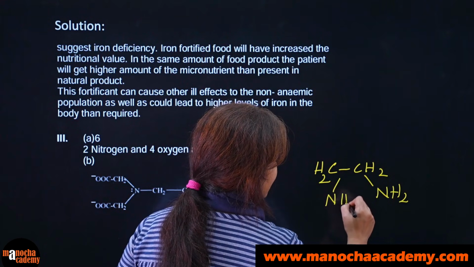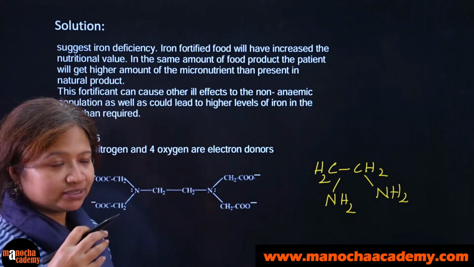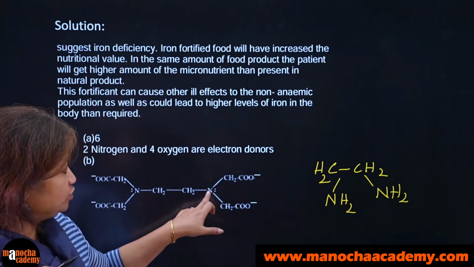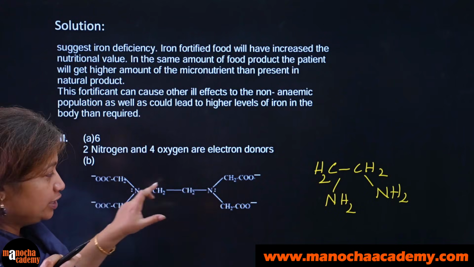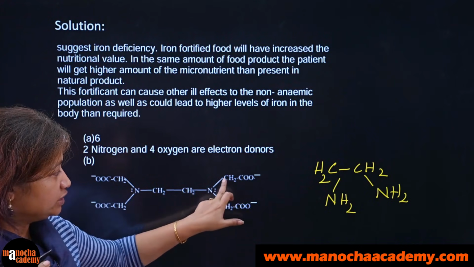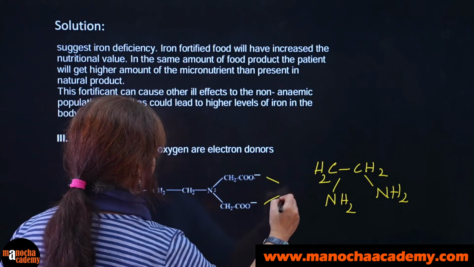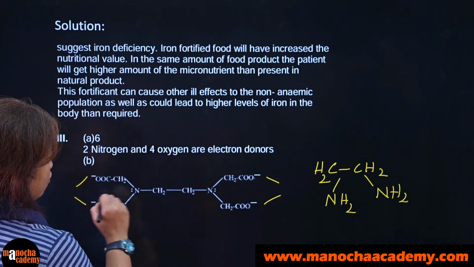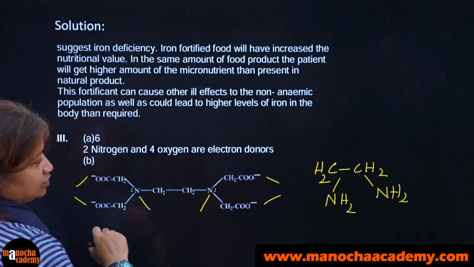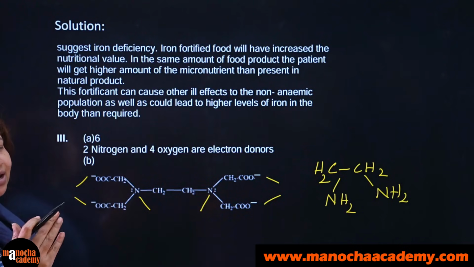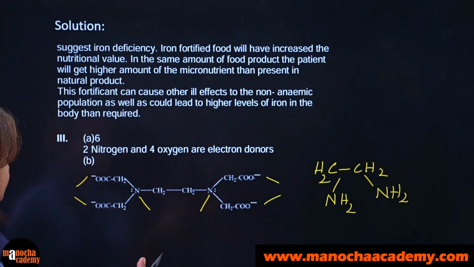This is ethylene diamine, and tetraacetate means two here, two here. So this acetate group, CH2CO minus, is bonded. So this is 1, 2, 3, 4, 5, 6. So it's a hexadentate ligand. Denticity is equal to 6.